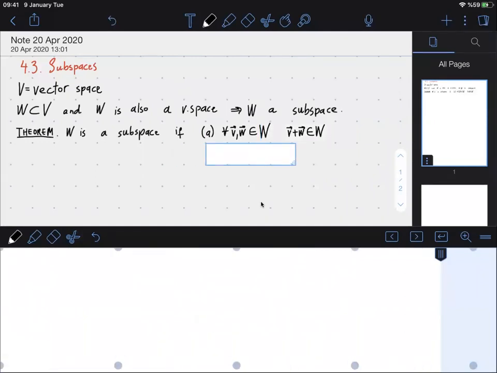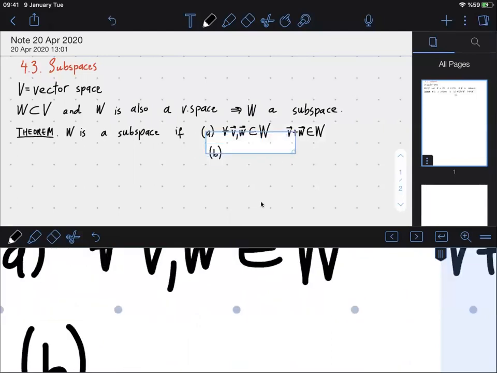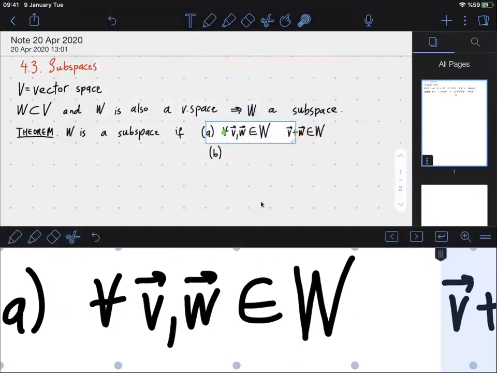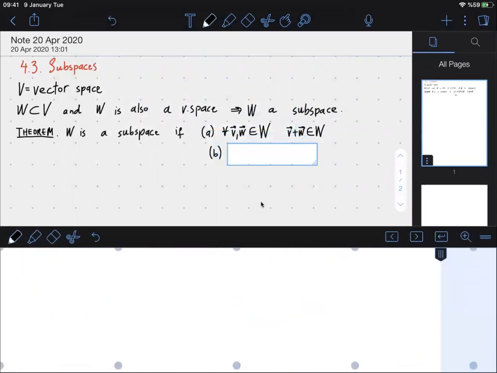The second condition is about the scalar product. I hope you know what this symbol means. This symbol means for all, for every possible. So maybe I should write for all instead of that, okay?